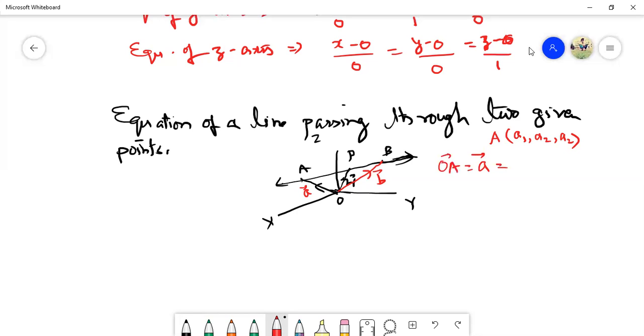The position vector of point A is a, and it will be a1 i plus a2 j plus a3 k in component form. Similarly, if B is a point whose coordinates are b1, b2, b3, then vector b will be equal to b1 i plus b2 j plus b3 k.